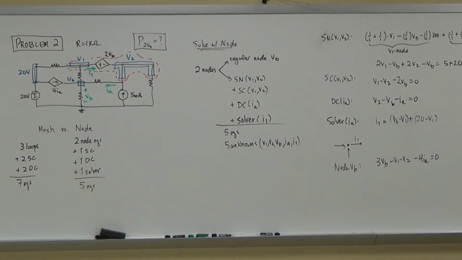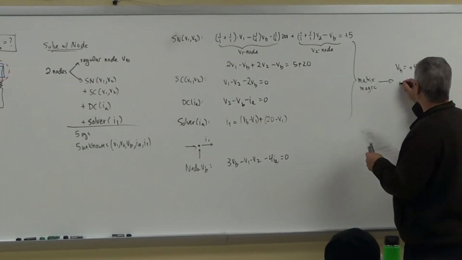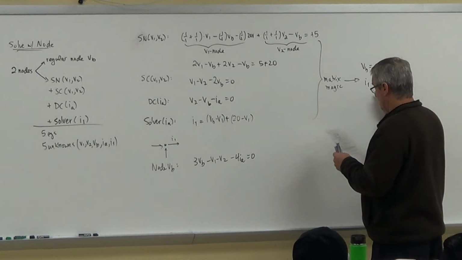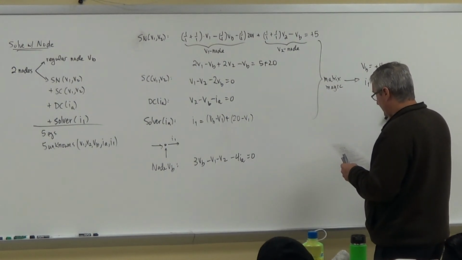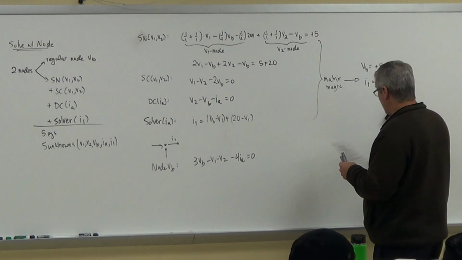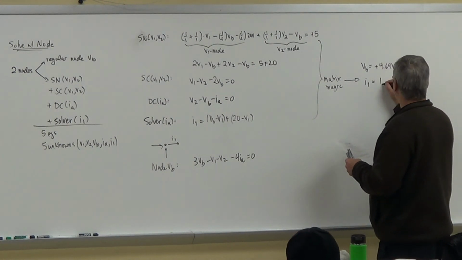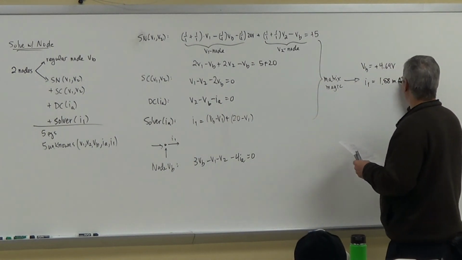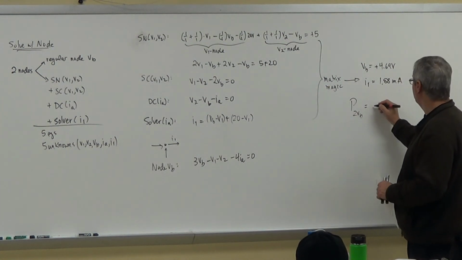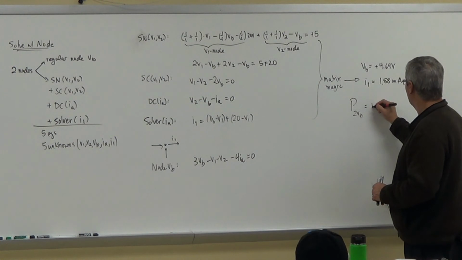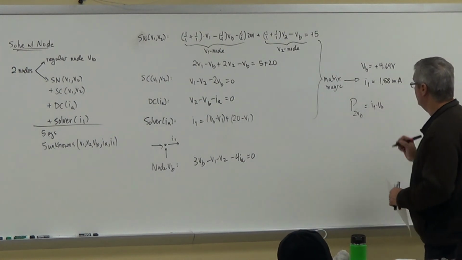So if I do that, then I get the current I1. Okay, I have different notation. I think it's 1.88 milliamps. So the power of the 2VB must be the current I1 times VB.